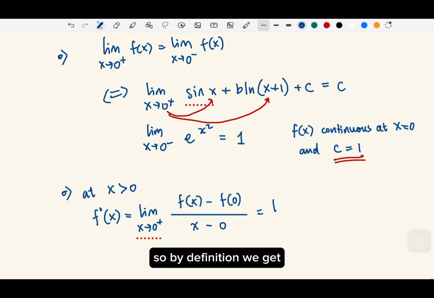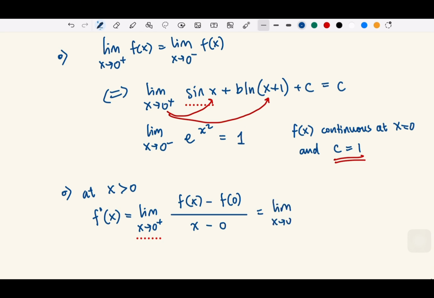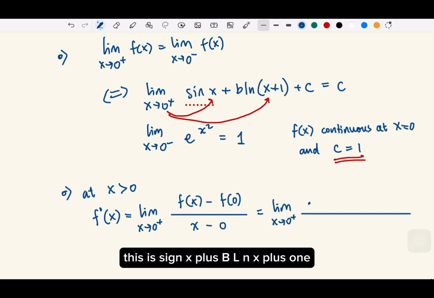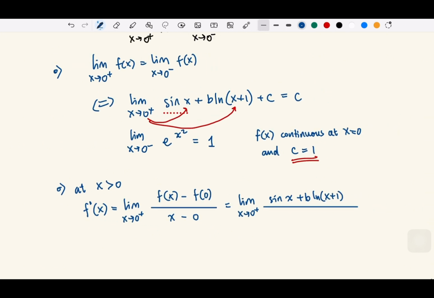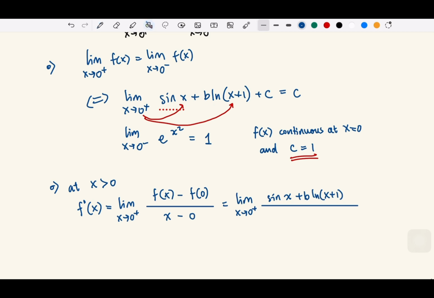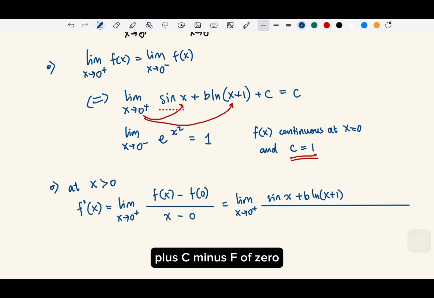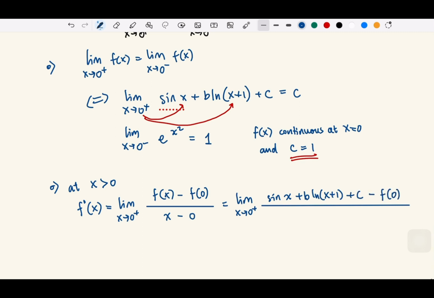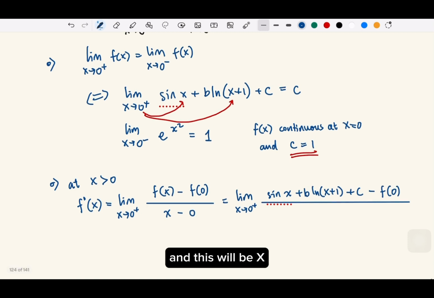So by definition, we get sine x plus b ln x plus 1 plus c minus f of 0, and this will be over x.